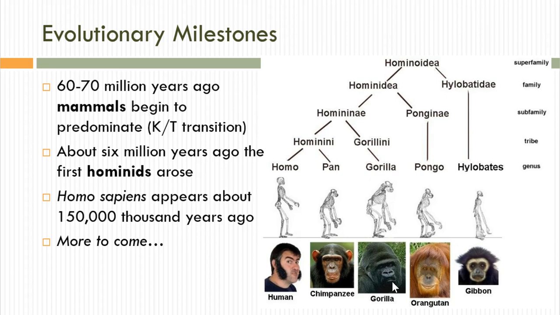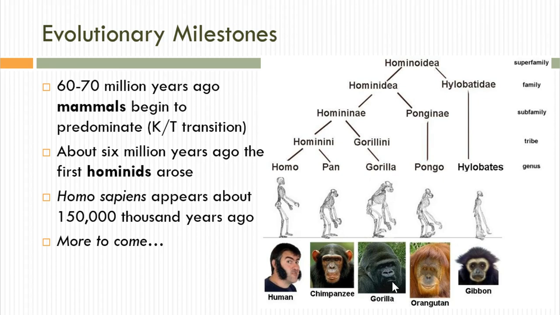About 6 million years ago, that date is arguable, and we'll talk about how it's arguable later on, we see the first hominins. Now, I actually forgot to change this, and I apologize for that, but for Homo sapiens, we got new evidence last year that Homo sapiens may in fact be 350,000 years old.